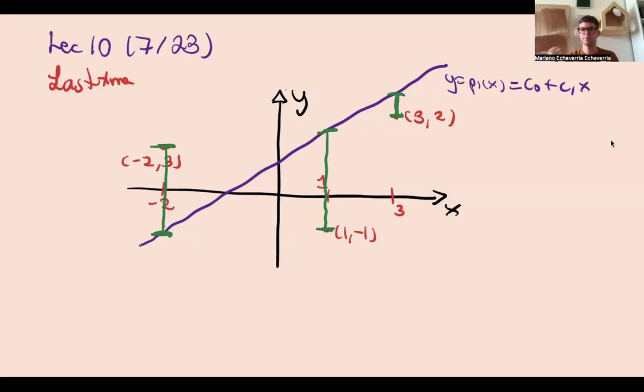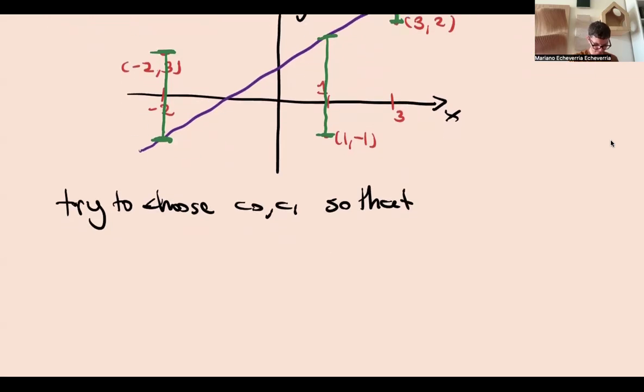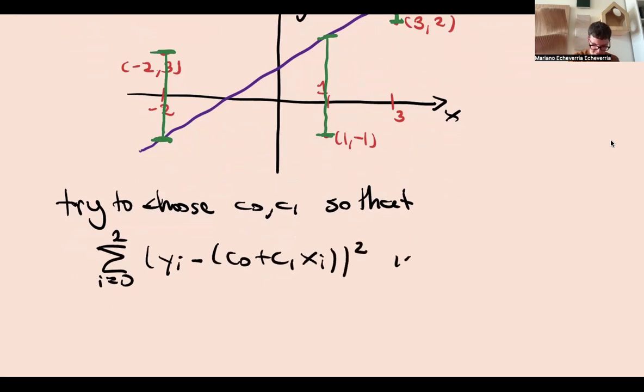So you're trying to choose C0, C1 so that the error squared, which is the sum from i equals 0 to 2 of (yi minus (C0 plus C1 xi)) squared, is as small as possible.